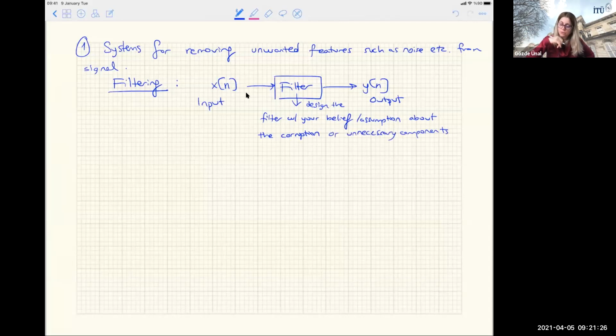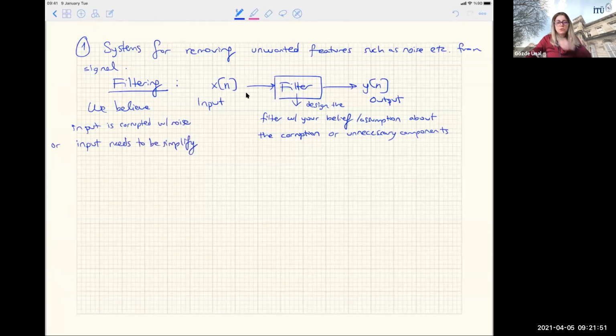So our belief is, let's say, we believe the input is corrupted with noise, or the input needs to be simplified. We sometimes simplify, meaning we get rid of unwanted parts in the signal.